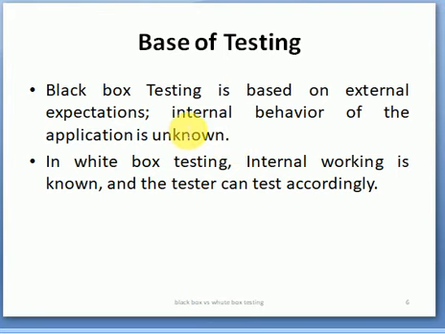You don't know about the code, how to access the code, how the code works inside the application. In white box testing, internal working is known and the tester can test accordingly. You can say the tester knows about the developing side, or you can say code, how code works accordingly.